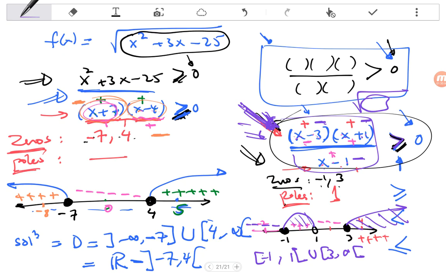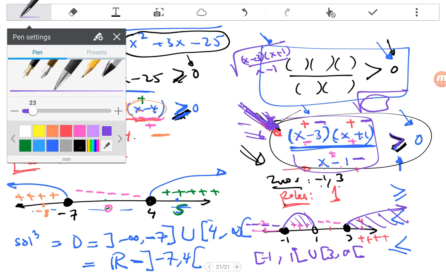Remember, there is a difference between the problem itself, the domain of the problem itself, and the solution of an inequality. The problem itself is like this: find the domain of this function.